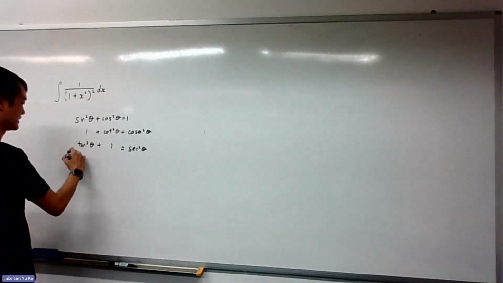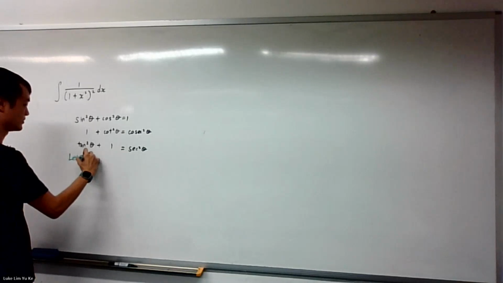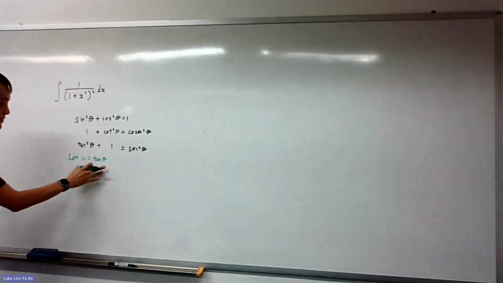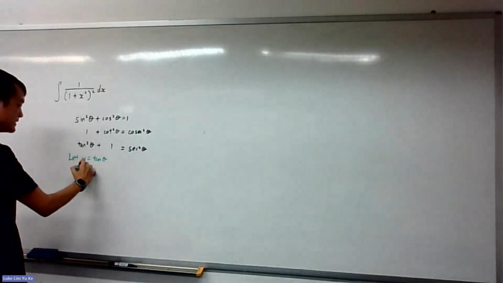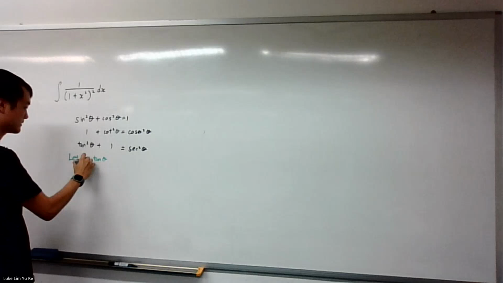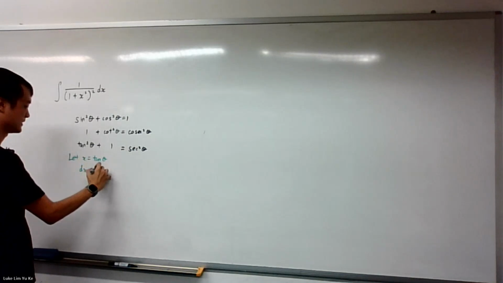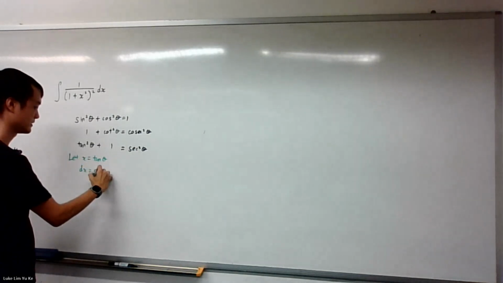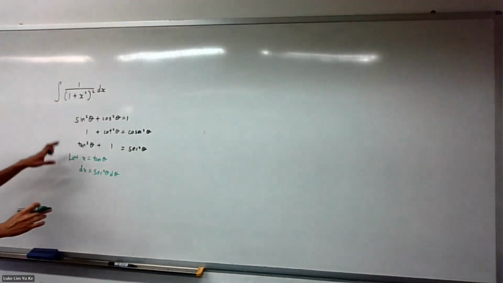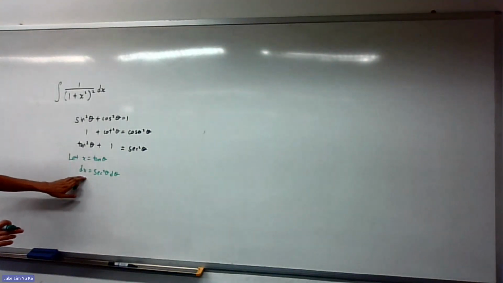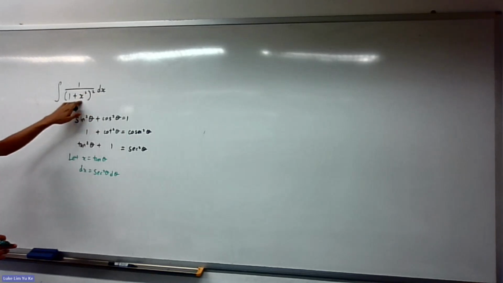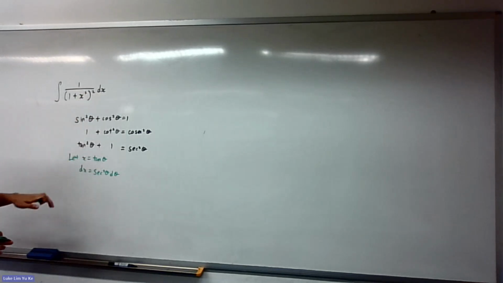So let's write on the board: let U be tangent theta. With U equals tangent theta, we can find du to be secant squared theta d theta. So the dx term will be replaced by this, and the x term will be replaced by tangent theta.